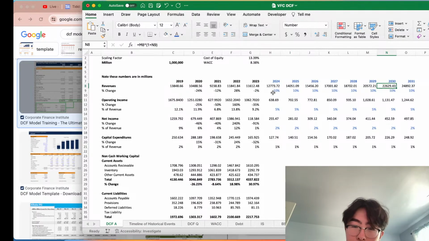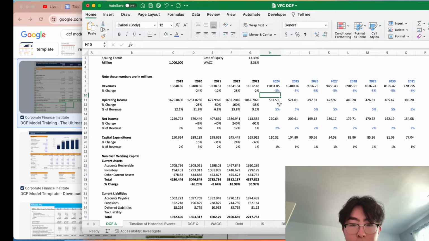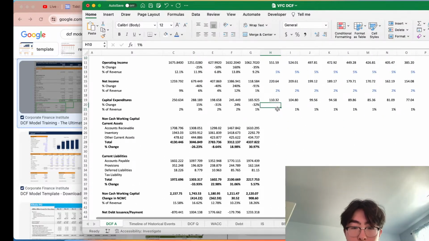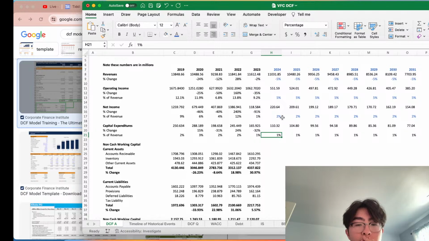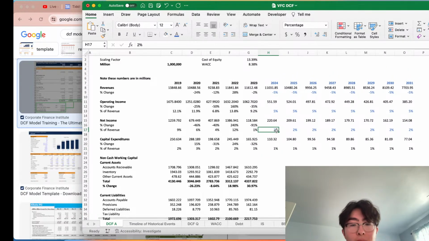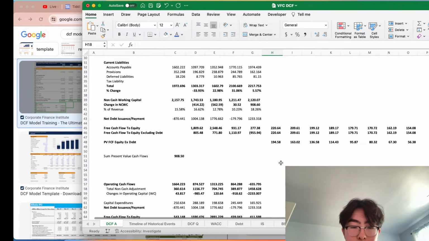That's not right. So let's say 2, -5. Yeah, -5 makes more sense. So what if we increase this to 3%? Oh, yeah.